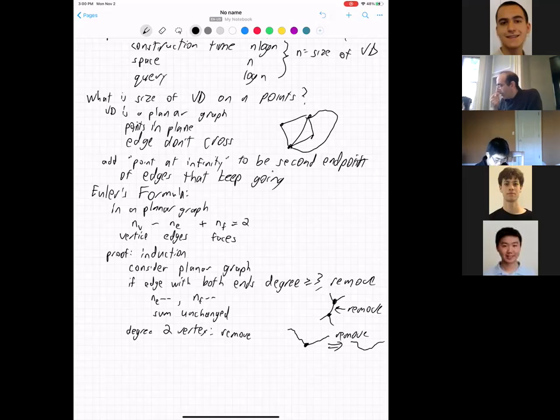What does that do to my counts? The number of vertices decreases by 1, and the number of edges decreases by 1. And so again, the sum is unchanged.